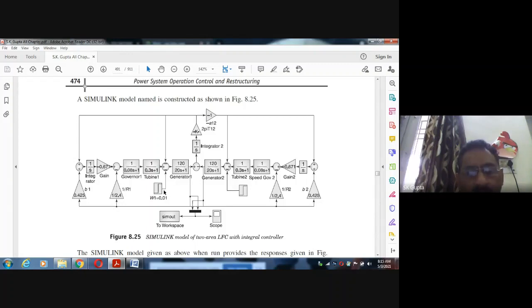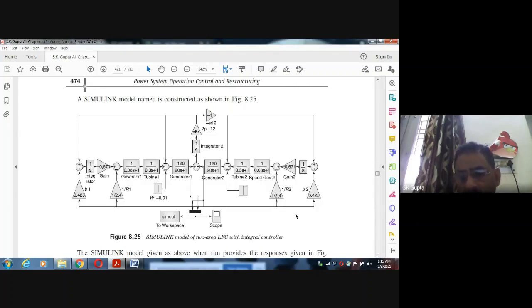What is the turbine output? If we take the feedback from the generator governor output, or if feedback of turbine 2 of the other area is given to area 1, what will be the effect of such feedback?